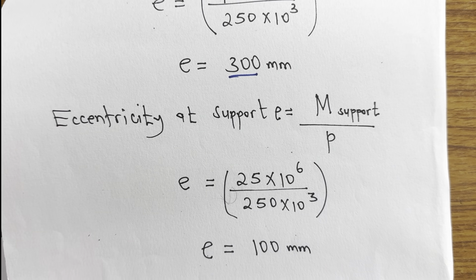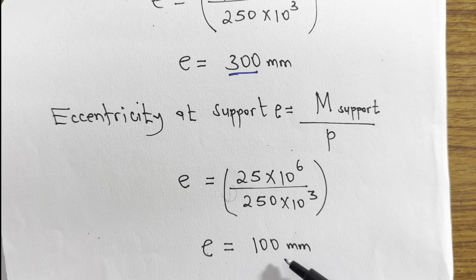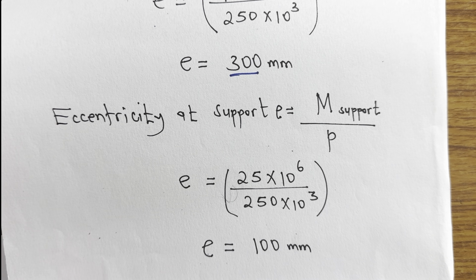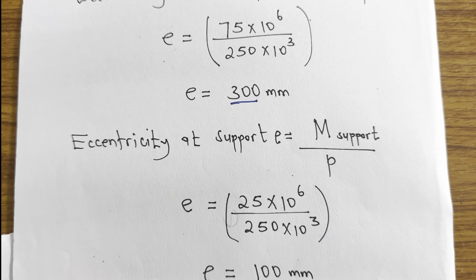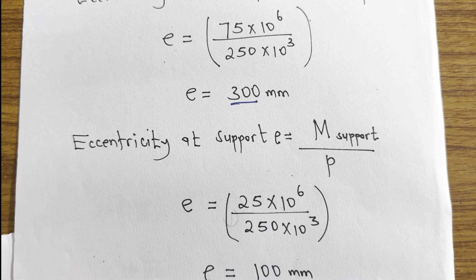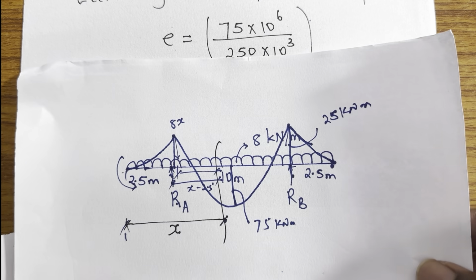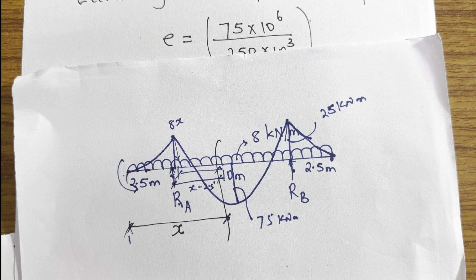So we realize that this value of e is coming to 100 millimeter. Since we have obtained the values of eccentricity, these are the values which will help us in drawing the cable profile. Now the cable profile will be drawn the same way your bending moment is drawn.